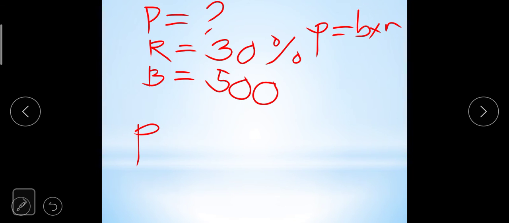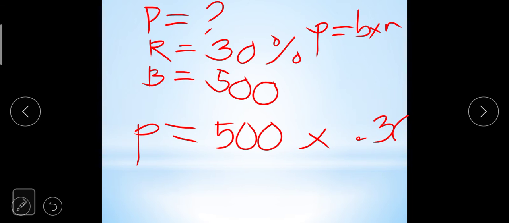Okay, so if we are missing P, our B is 500. Ano unang gagawin natin muna dun sa rate? or dun sa percent, we are going to convert it to decimal. So, the decimal number for 30%, same naman siya kanina, 30%. Ay, sorry, 0.03. 0.3. Sorry. Okay. 500 times 0.3.